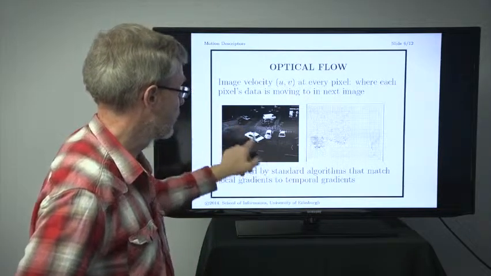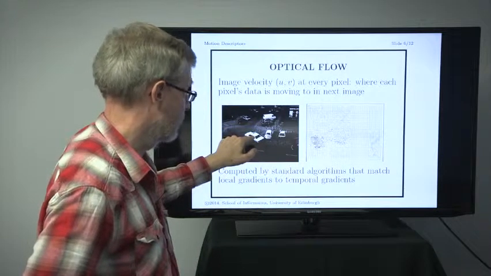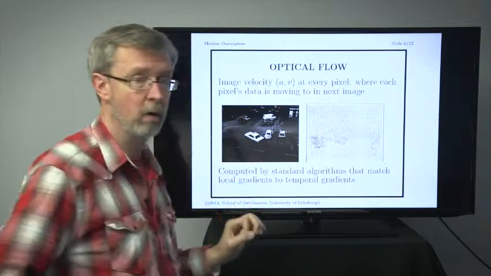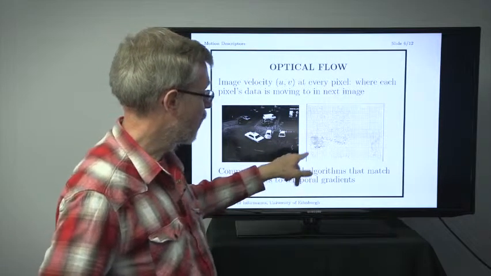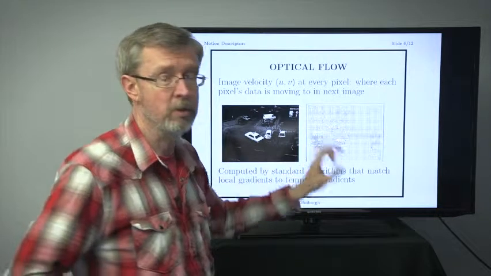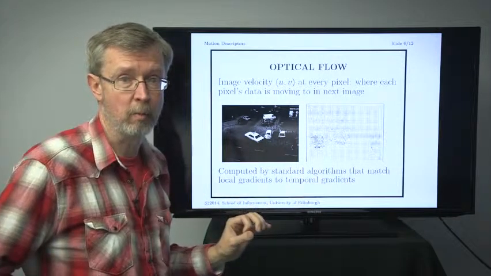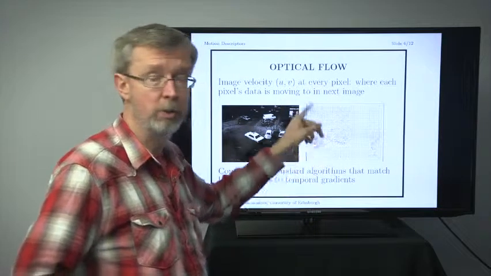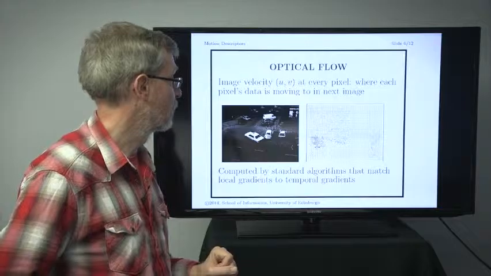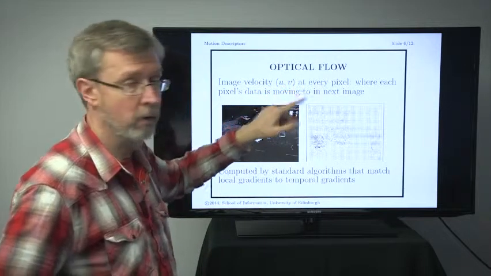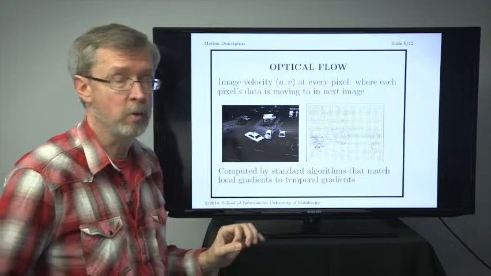And that's what you would expect to see from where this vehicle is moving as it goes around the corner. So optical flow is a way of encoding the motion that's happening in the image at every single pixel in terms of both how much motion and what's the direction of the motion. And so that's the image velocity, U V, the horizontal and vertical components of that image velocity.